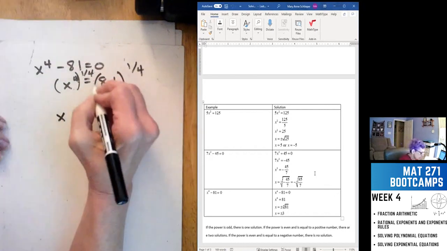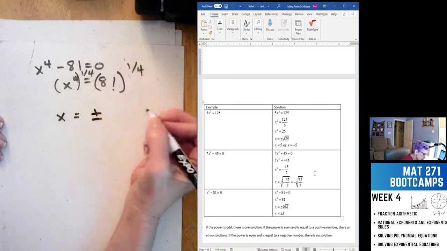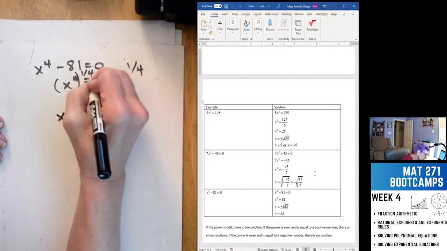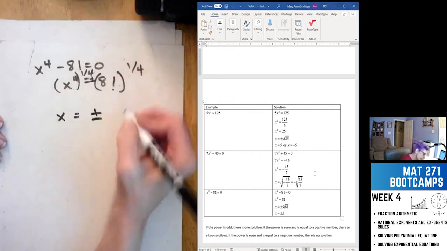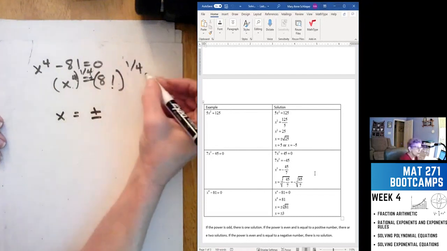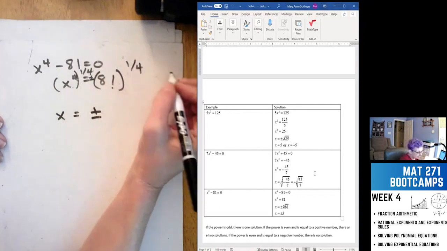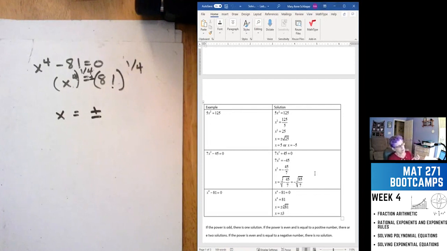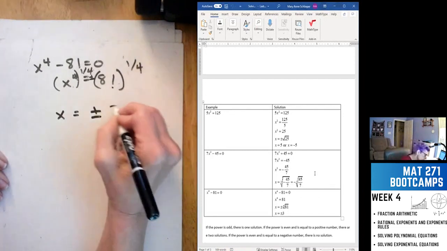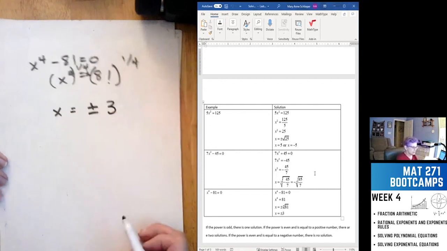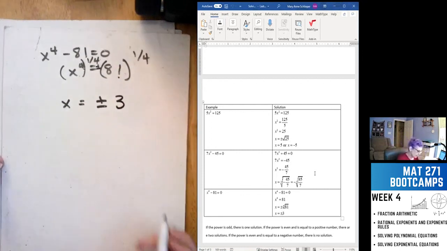And this is going to be plus or minus, put a little plus or minus in there, the fourth root of 81. 81 is equal to 3 times 3 times 3 times 3. So that's plus or minus 3.